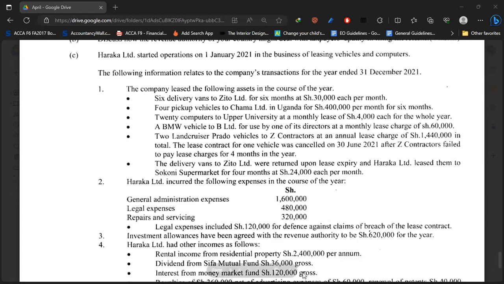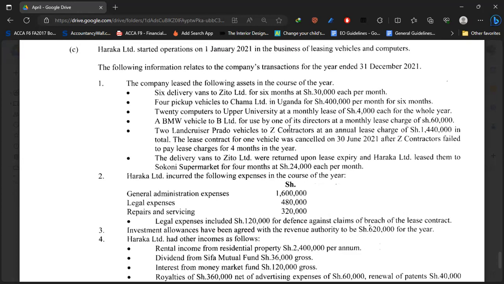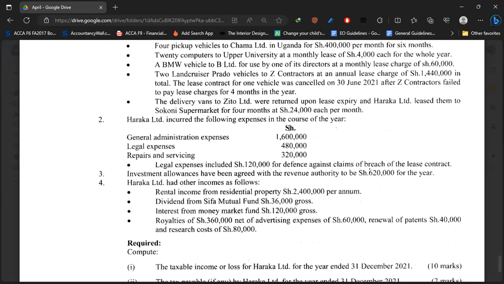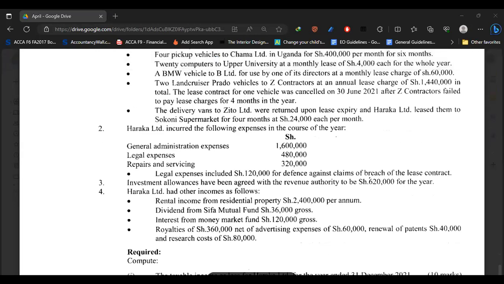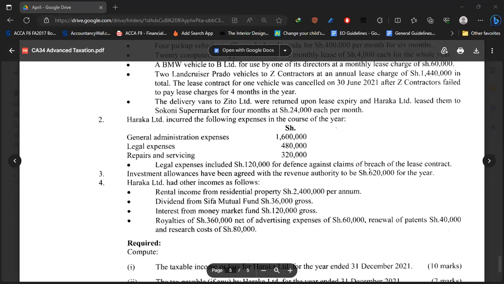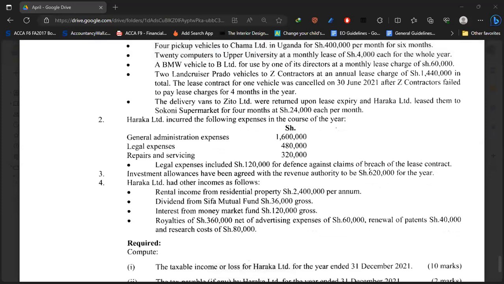a BMW vehicle to be used by one of its directors at a monthly lease charge of 60,000; 2 Land Cruiser Prado vehicles to Z Contractors at an annual lease charge of 1,440,000 shillings in total.